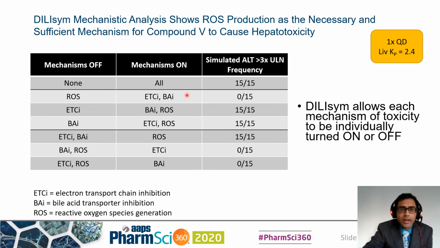If you go down through this table, looking at which mechanisms are turned on and which are turned off, you quickly come to the conclusion that it's the production of reactive oxygen species that is both necessary and sufficient for this molecule to cause hepatotoxicity.